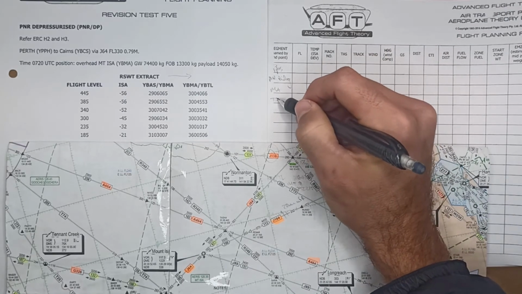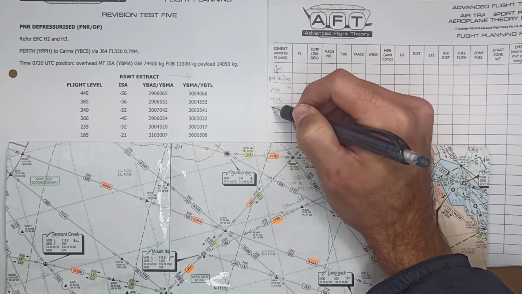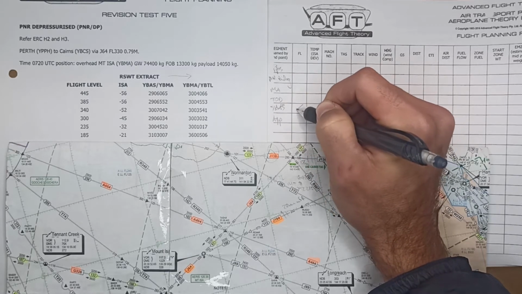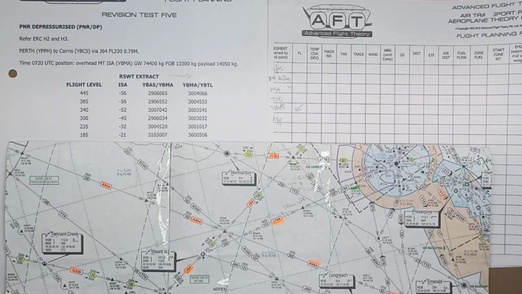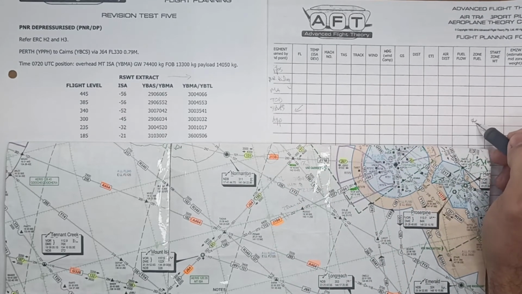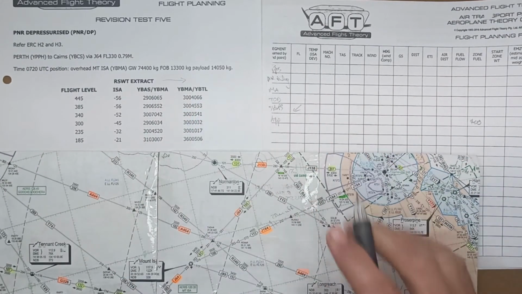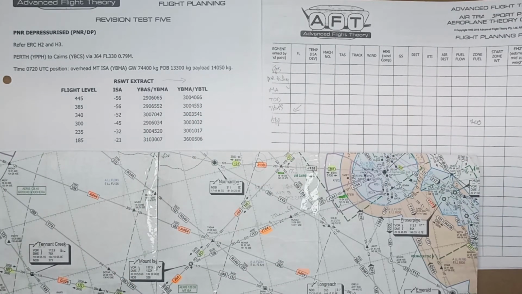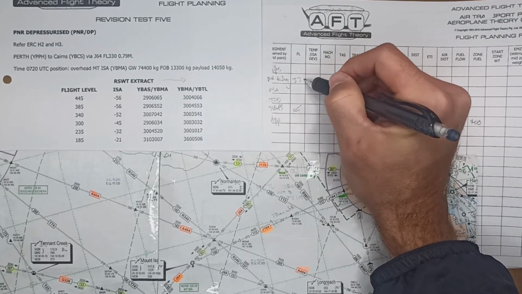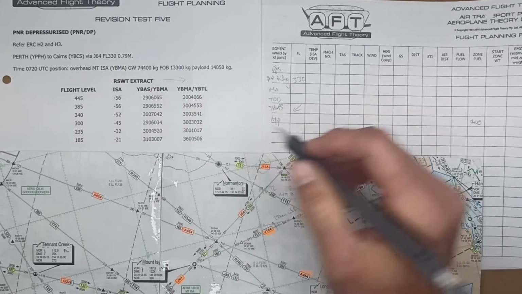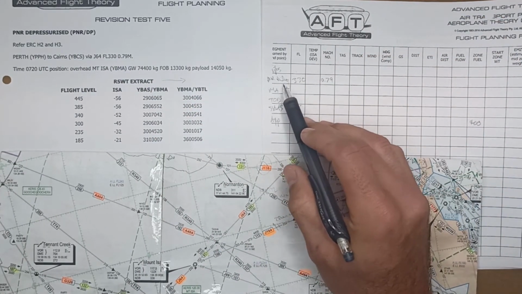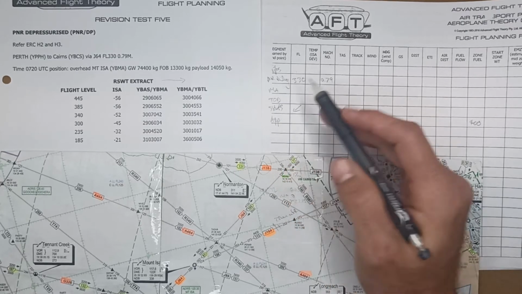From Mount Isa, I'll go to top of drop, and then we'll go to YBAS, and we also have our approach and landing. I know top of drop to YBAS, I always put in this arrow here for the approach. I always do the fuel zone, fuel of 400. And from here, we can also start to fill in the rest. So flight levels from our present position to our PNR, we're at flight level 330, 0.79. From BIDAG, our PNR, we're going depress, so we always know that's 13.